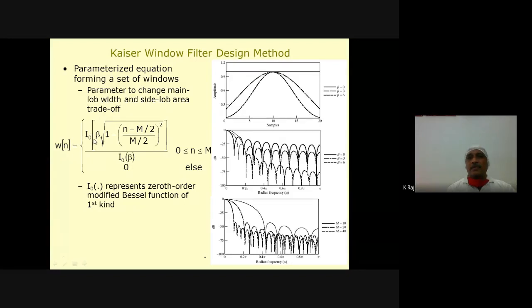The window is I0(β√(1 − ((n − M/2)/(M/2))²)) divided by I0(β) in the desired range 0 to M, where I0 is the zeroth order modified Bessel function of the first kind.